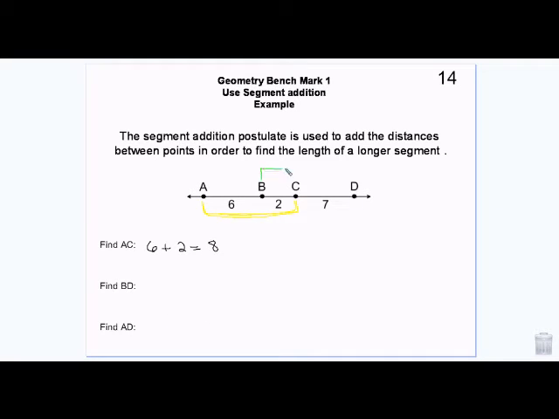BD is all of this right here, so it's 2 plus 7, which equals 9. And then AD is the whole thing, so it's 6 plus 2 plus 7, which is 15.